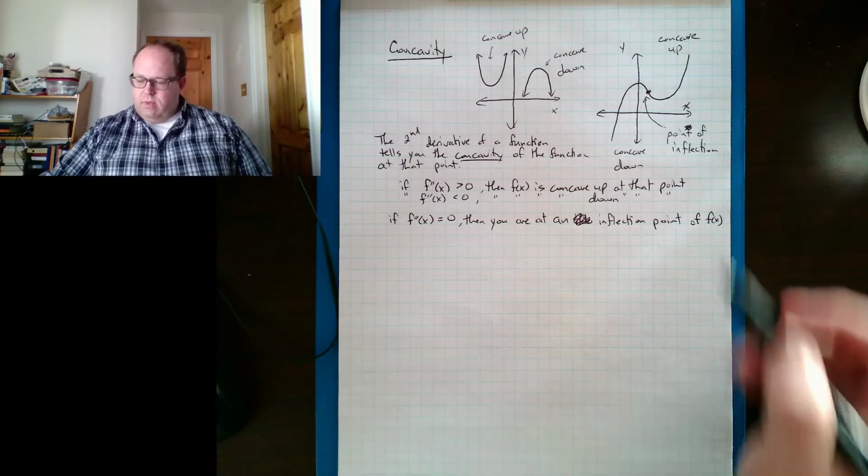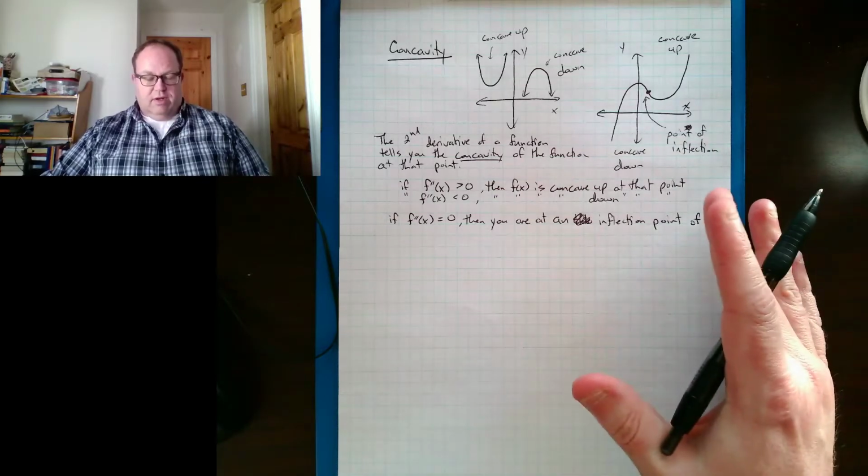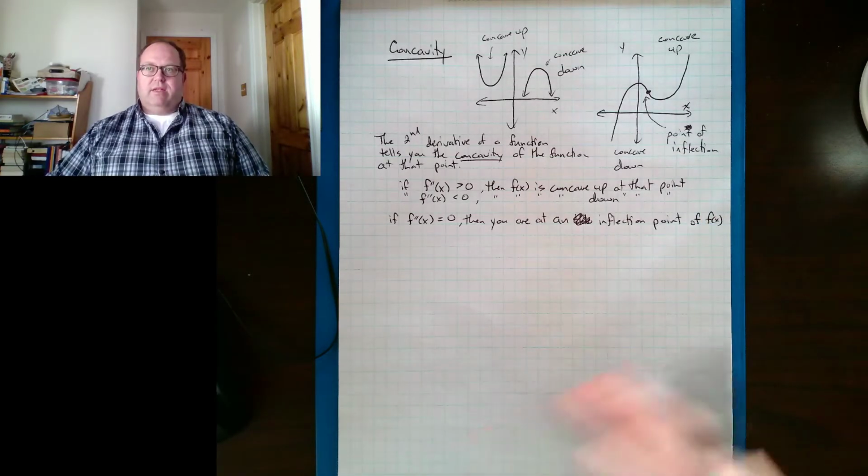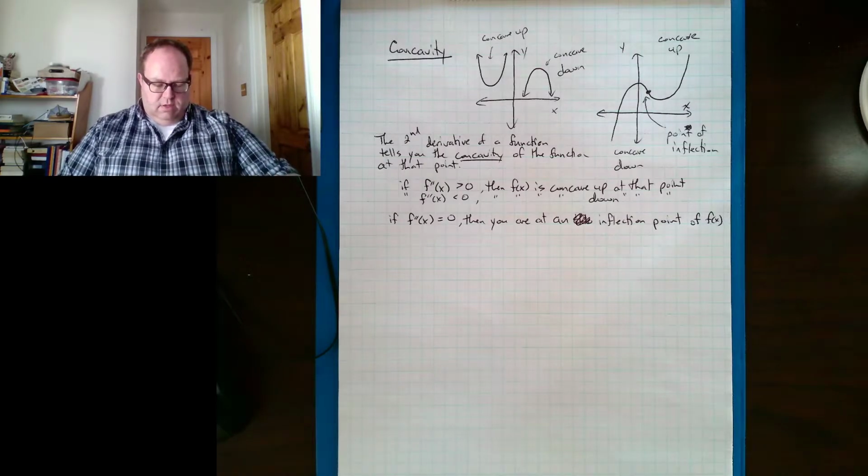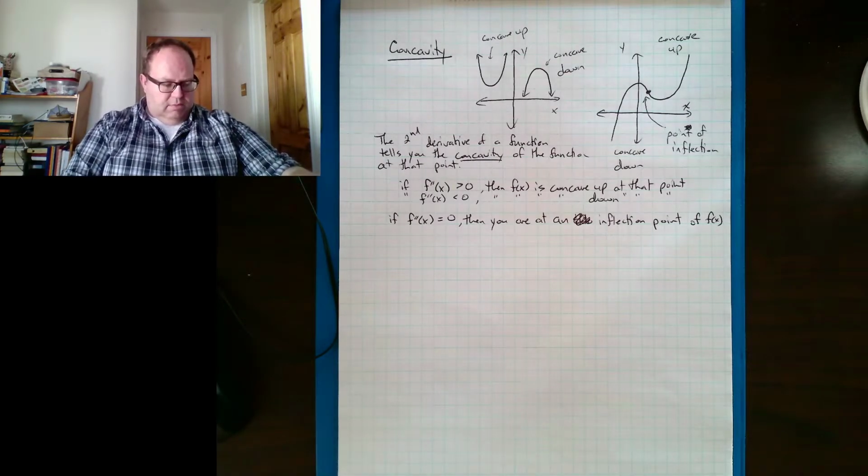Okay, so this is a statement on concavity, which will then let us talk about intervals of a function being concave up and concave down, the same way we talk about intervals of increase and decrease for a function. So I'll do a couple of examples with that.